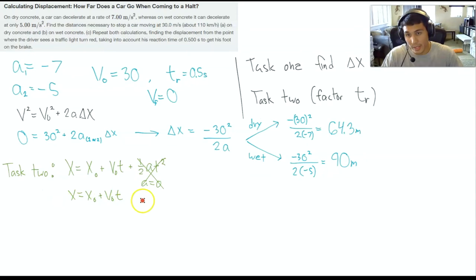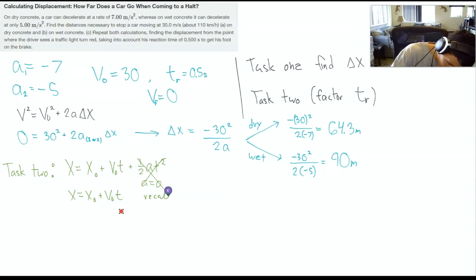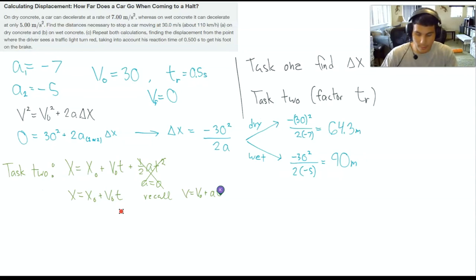And by the way, there's another way to actually think about this equation. So we say recall V is equal to VO plus AT, right? This is like its little brother, right? This is the big brother, this is the little brother. They're very similar, aren't they? Now, this is the logic behind this equation, right?